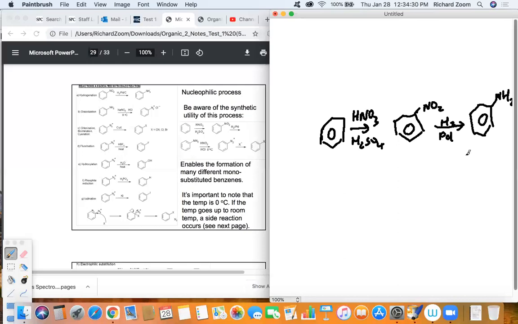That NH2 group then can be converted into a diazonium salt, and then that can be treated with some sort of nucleophilic species.